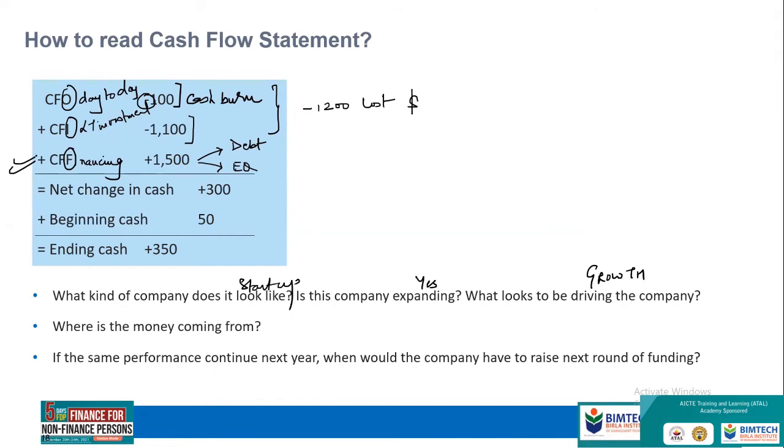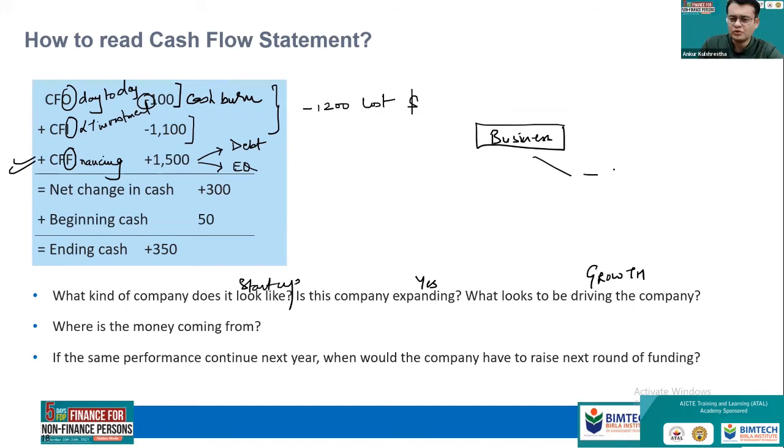Okay, sir. And one more thing, how come the positive sign and negative sign is being fixed? Because all our cash flows are either an inflow or an outflow. So Amita, what is happening is, this is a business, okay? The business is losing money from operations, buying machinery to fund the expansion.